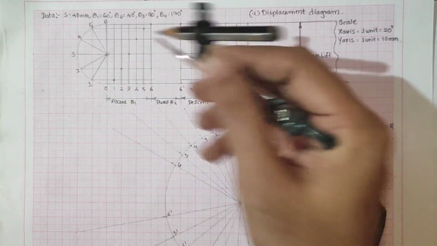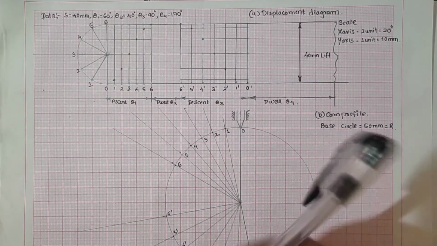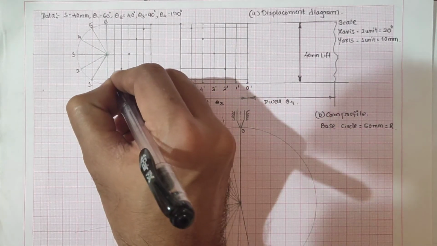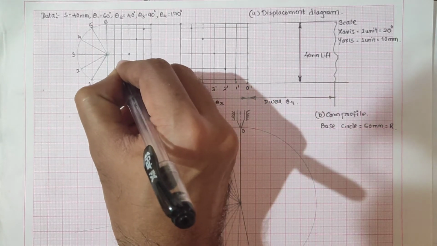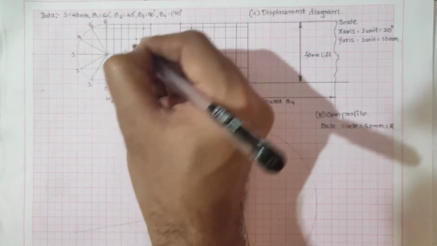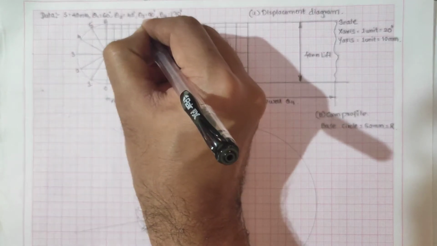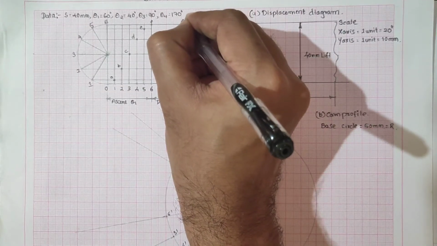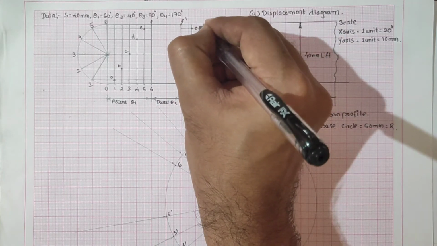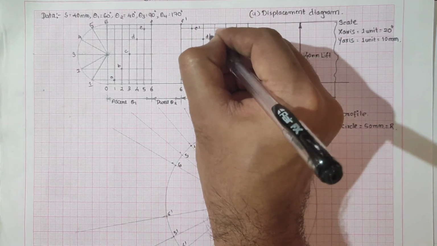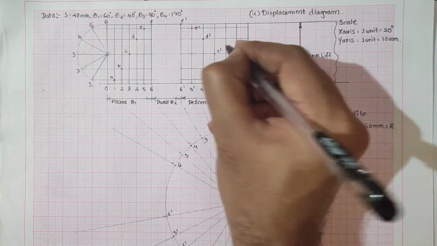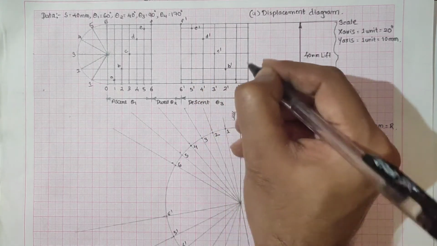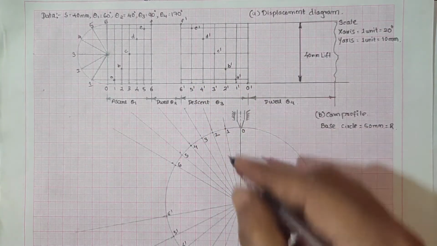So for doing that, let's label these points also as A, B, C, D, E, F, and this one as F dash, E dash, D dash, C dash, B dash, A dash.